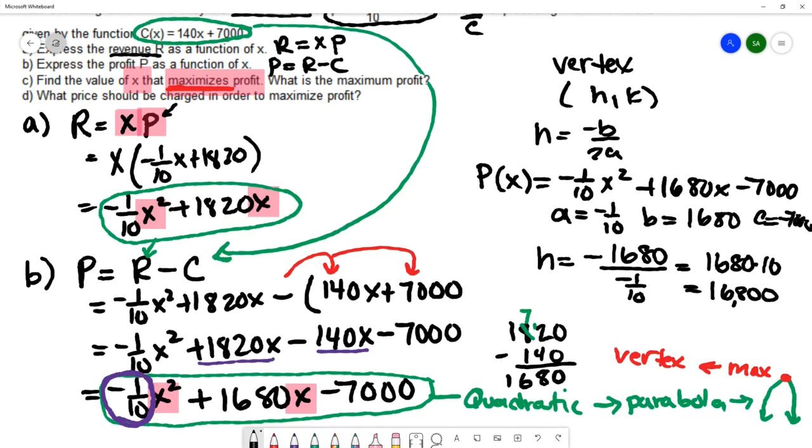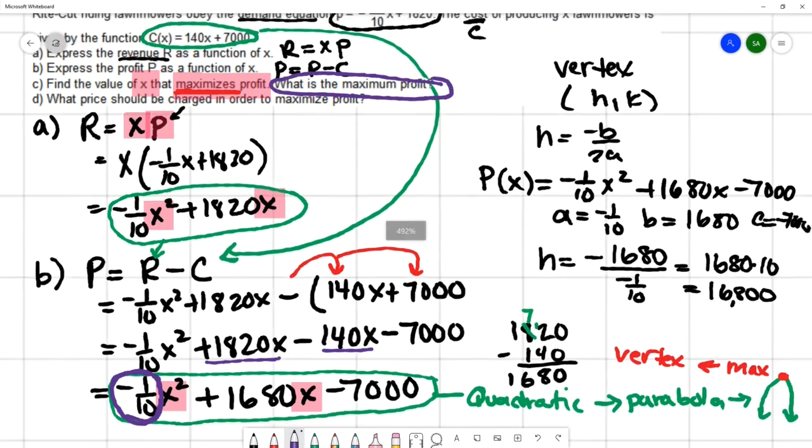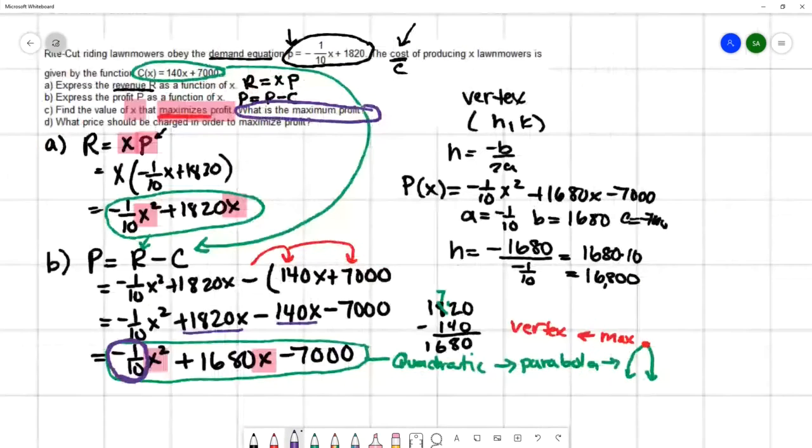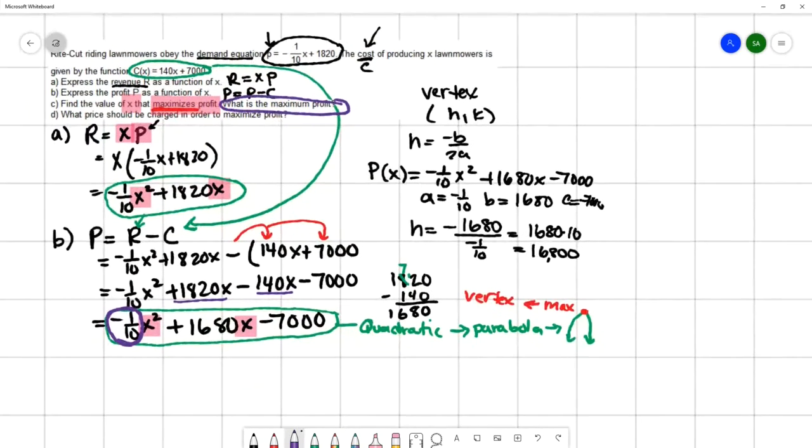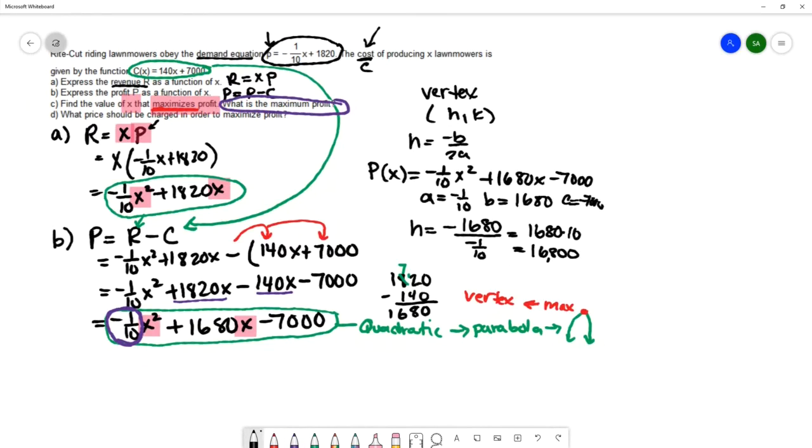I'm going to zoom out a little bit because I'm running out of space. There's a second part of this question that is asking to find the maximum profit. So I'm going to substitute that into the profit function. So if I calculate profit at 16,800, that's going to give me the maximum profit.